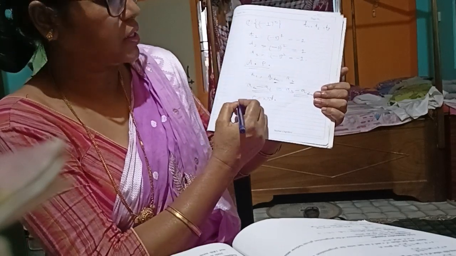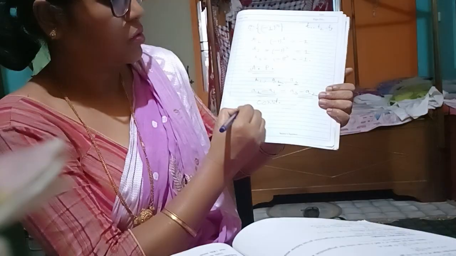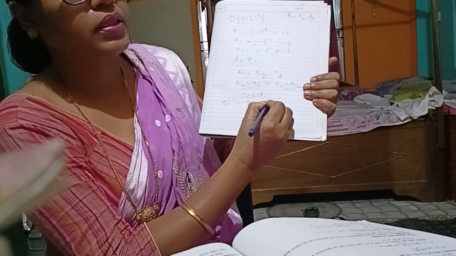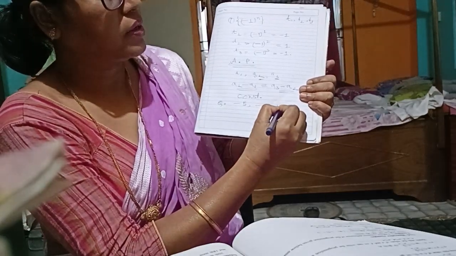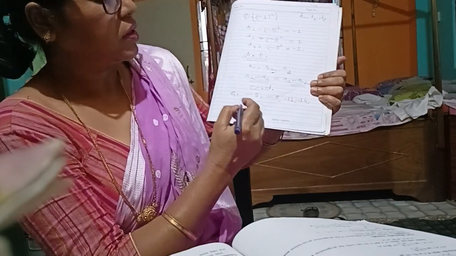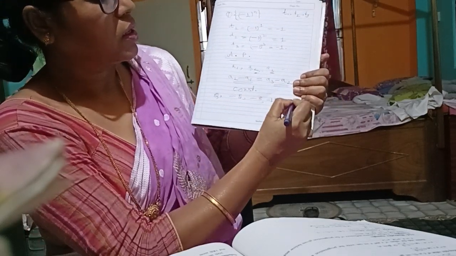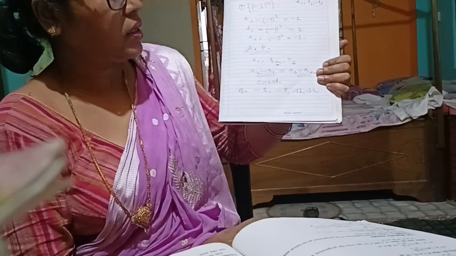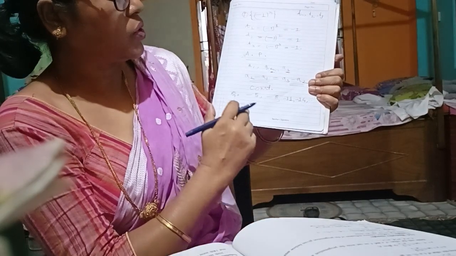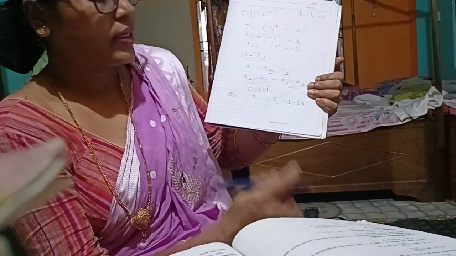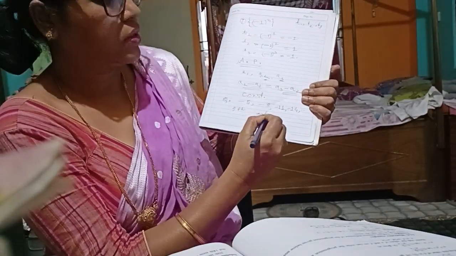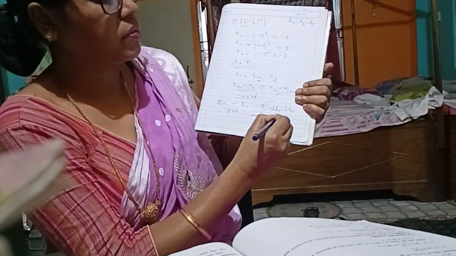Here one question is given. The sequence is minus 5, minus 8, minus 11, minus 14, up to infinity. The question asks us to find the nth term and the 11th term.